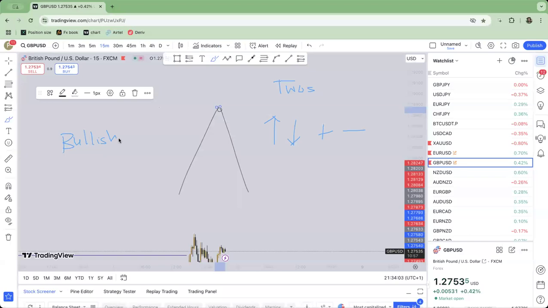Downward movement is bearish. So we will be looking for bullish and bearish order blocks, and bullish and bearish trends. Everything will have to be bullish and bearish for us to have a balance.